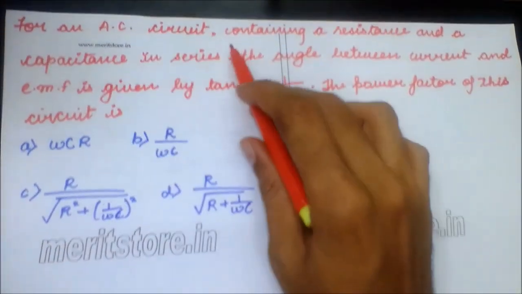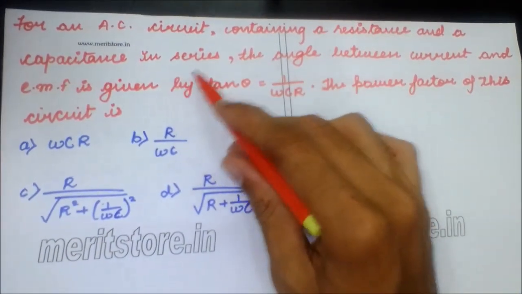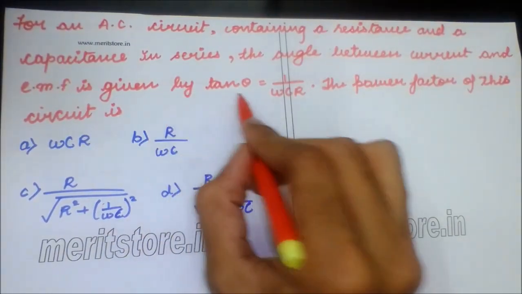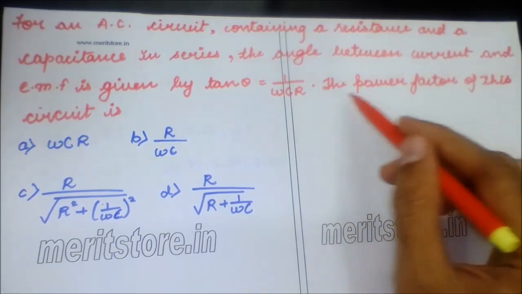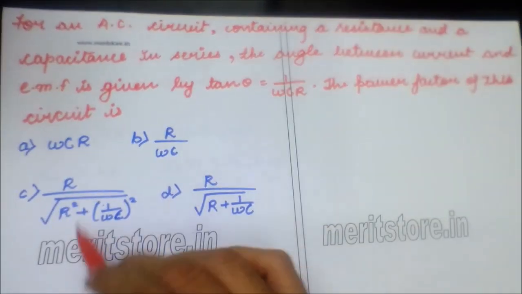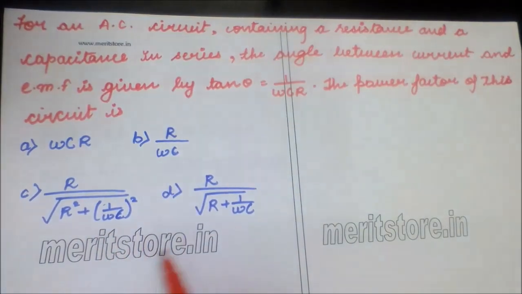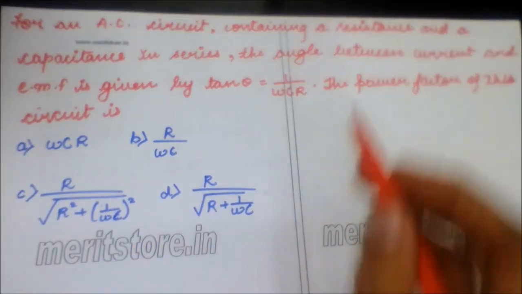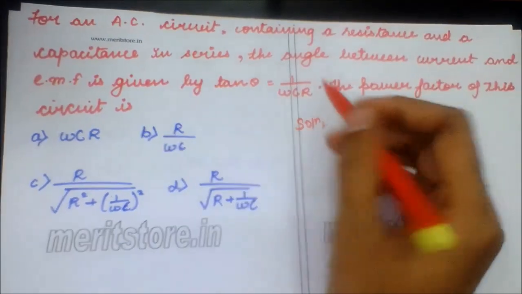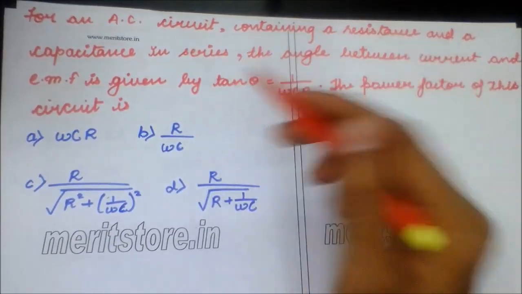Next question. For an alternating current circuit containing a resistance and a capacitance in series, the angle between the current and the EMF is given by tan theta equals 1 upon omega CR. The power factor of this circuit is: omega CR, or R upon omega C, or R under root of R square plus (1 upon omega C) square, or R under root of R plus 1 upon omega C. So here we have a circuit with a resistance and capacitance connected.